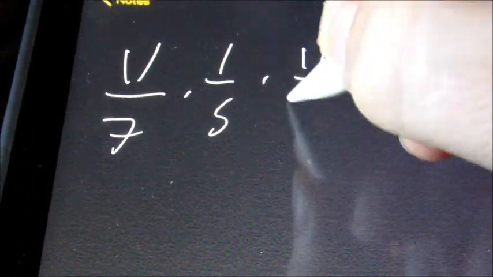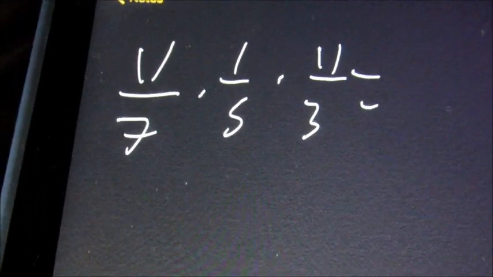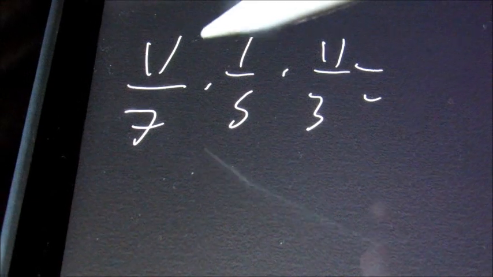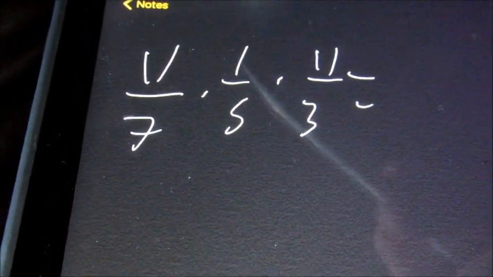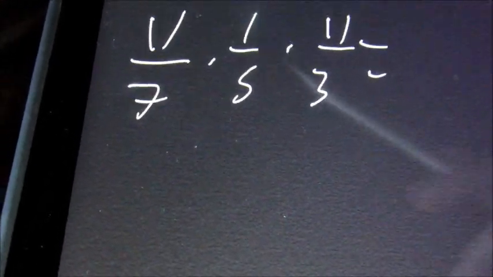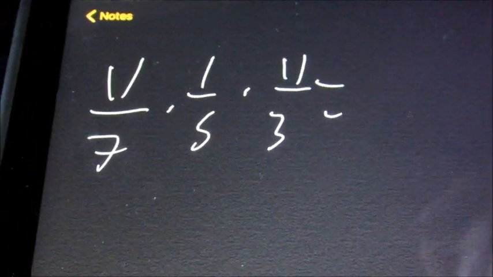So now let's see what happens if we have 3 fractions. Say we have 11 over 7 times 1 over 5 times 11 over 3. Here again, there's nothing to simplify, because on the top numerators, we have 11s and 1s, and 1 will go into everything, but we can't really do anything to change.